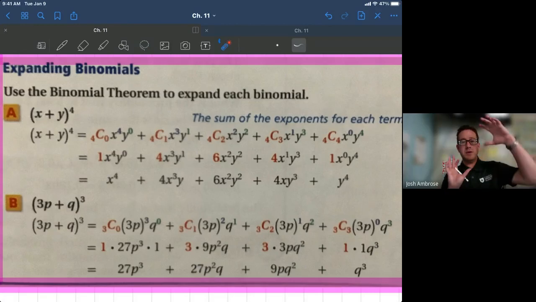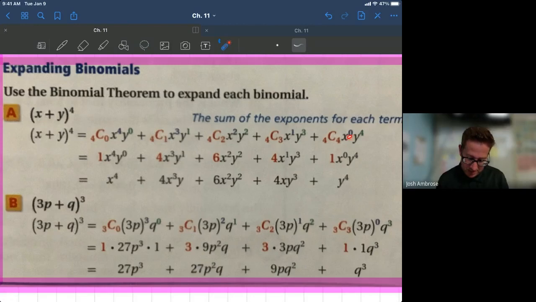And what you will be doing is one goes down, the other goes up, until you get to the first being a 0 and the second one being whatever that first one started with. So if we started with a 4 on the first term right here, we're going to end with a 4 with our second term. Meaning if you start with a 0 on the second, you're going to finish with a 0 on the first.